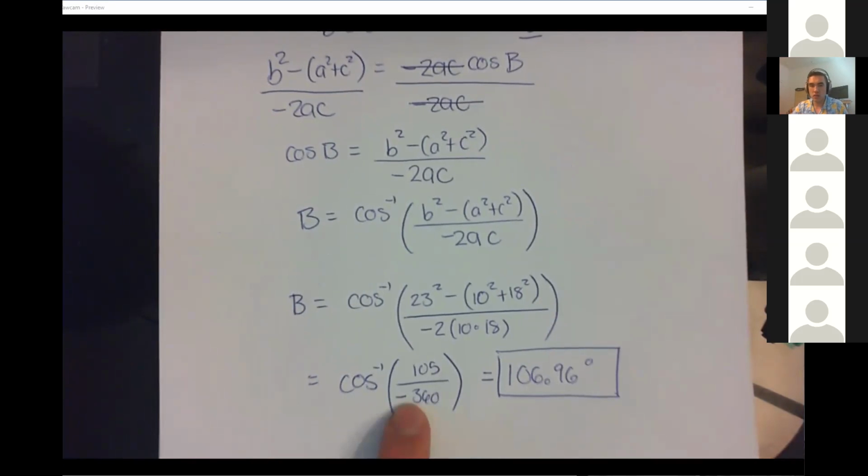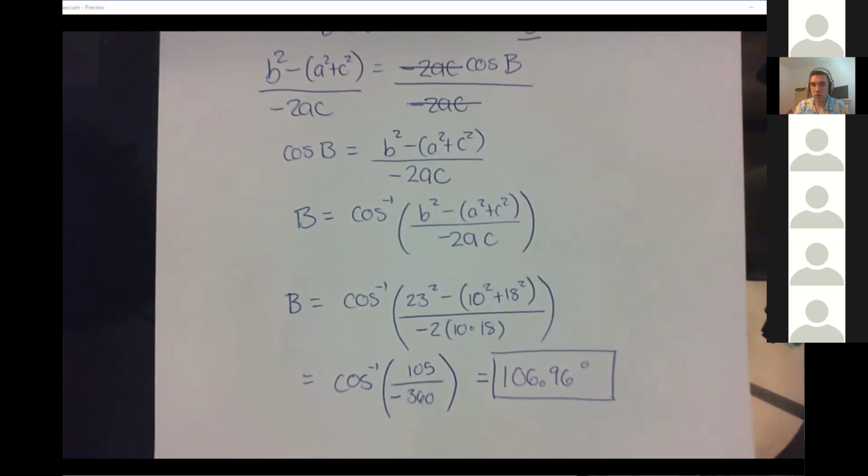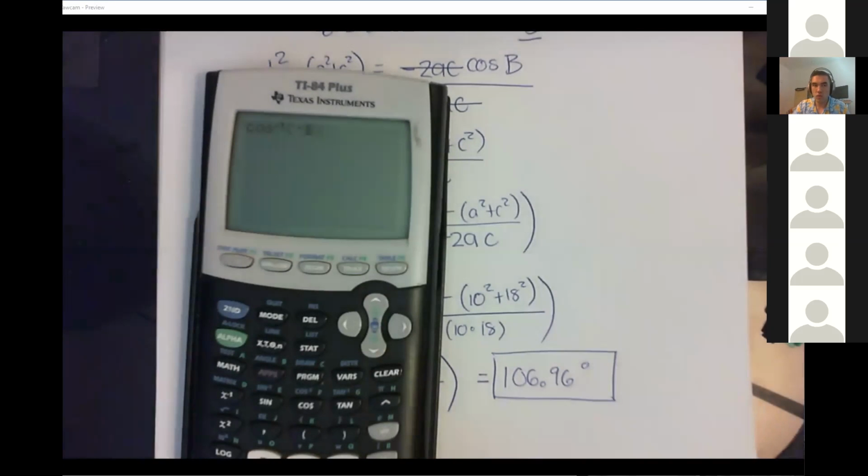The inside of this is negative. So when you input it, it's inverse cosine -105 divided by 360, or depending on the calculator that you're using, you might have to do -105 divided by 360, hit enter, and then hit second inverse cosine, enter again, to do inverse cosine on that ratio.